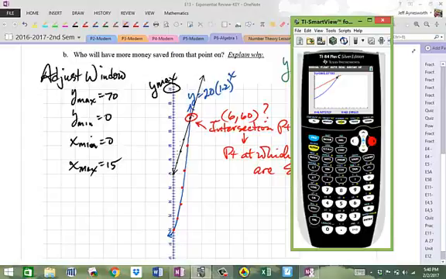Okay, let's calculate it. Let's go second trace. Let's select number 5 for intersect. Select enter twice, and then one more time for the guess.